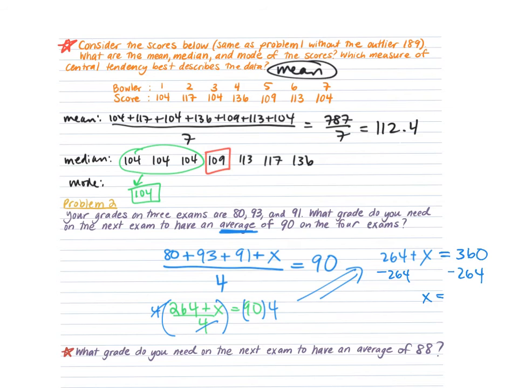So X has to be greater than or equal to 96, but in this case we just did 96. Okay, so in order to get an average of a 90 or an average of A on these 4 exams, you need to have a 96 on your next exam.